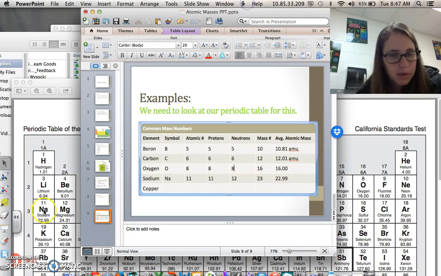Yep, here's sodium. Okay, so that means that it is atomic number 11, which means there are 11 protons, and the average atomic mass is 22.99, which means that the mass number is 23. So I take 23 and I subtract 11 and I get 12 neutrons.